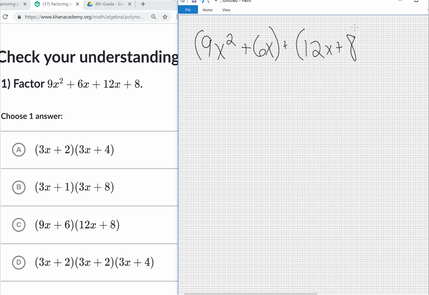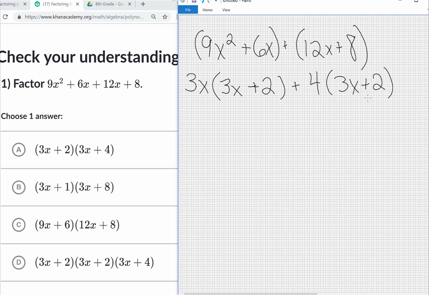Now I can factor out from each of the separate parentheses. With the first one, my greatest common factor is going to be 3x, and I'm left with 3x plus 2. On the second one, I'm going to factor out a 4, and I'm left with 3x plus 2.